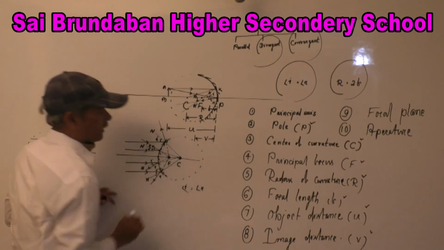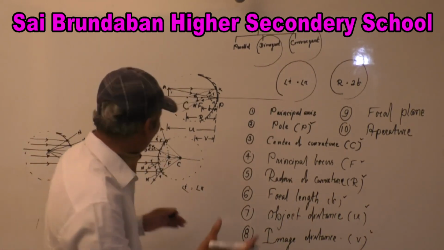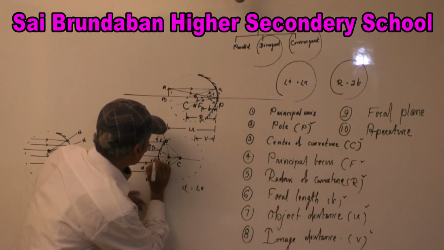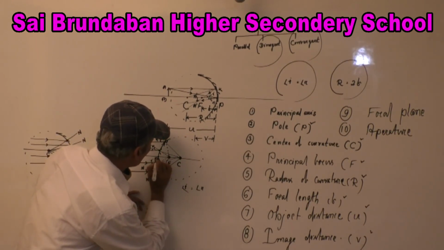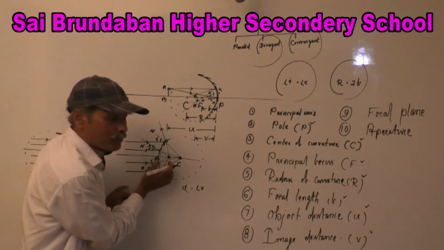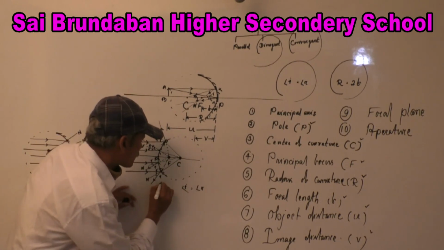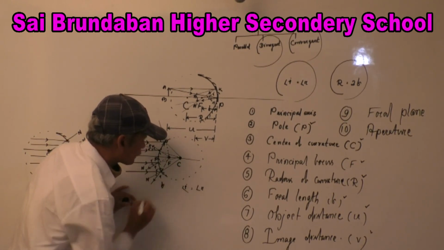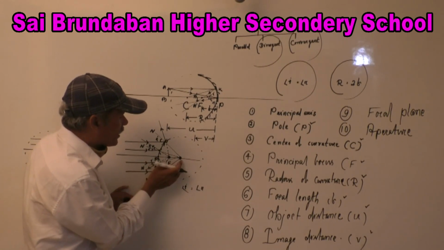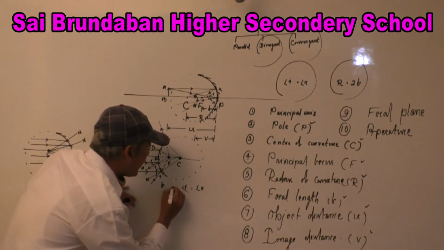And no doubt, the distance from the pole to the principal focus is called small f. And the distance from the pole to the center of curvature is called R, the radius of curvature.